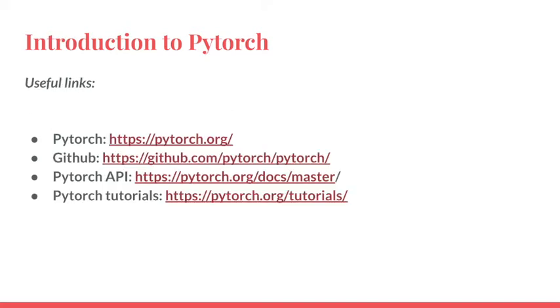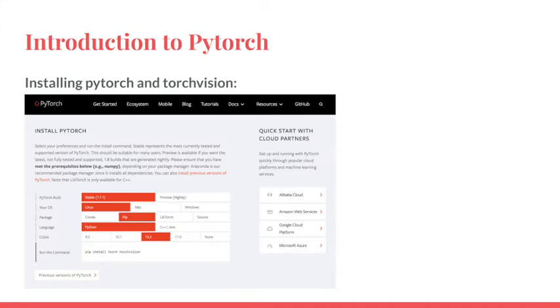Here are some very useful links, such as the official website, the GitHub, and the API and the tutorials. On the official website, you can see how to download and install PyTorch and Torch Vision. You can simply choose the operating system, the language, the CUDA version, and then you can install PyTorch.